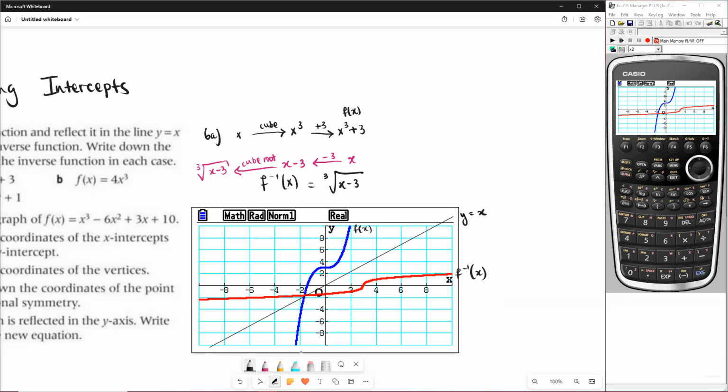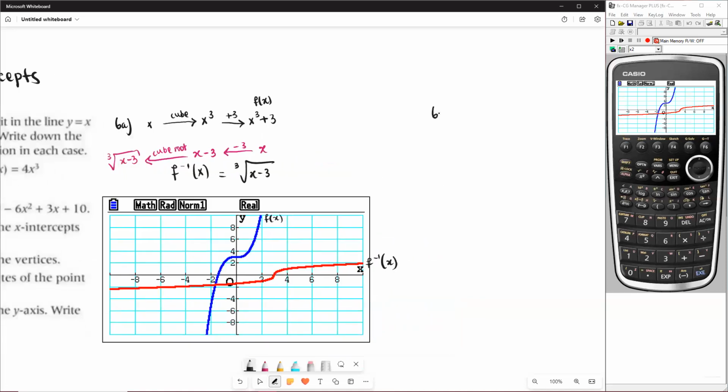So for the other two, I won't make the graphs. I'll just show how to find the inverse. So again, 6b, you take x, you cube it, and that gives you x cubed, right? And then you multiply it by 4. So that's 4x cubed. That's f of x. So to find the inverse, we're going to go the other way.